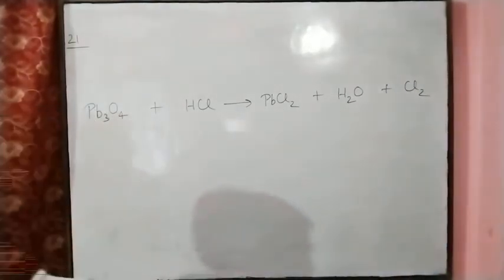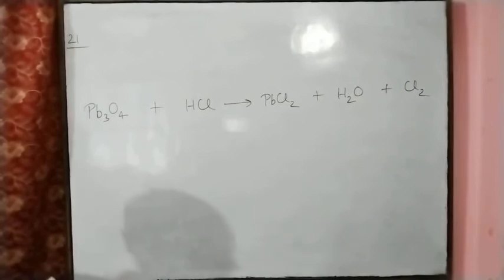So here trilead tetraoxide reacts with hydrochloric acid. This gives PbCl2, water and chlorine.